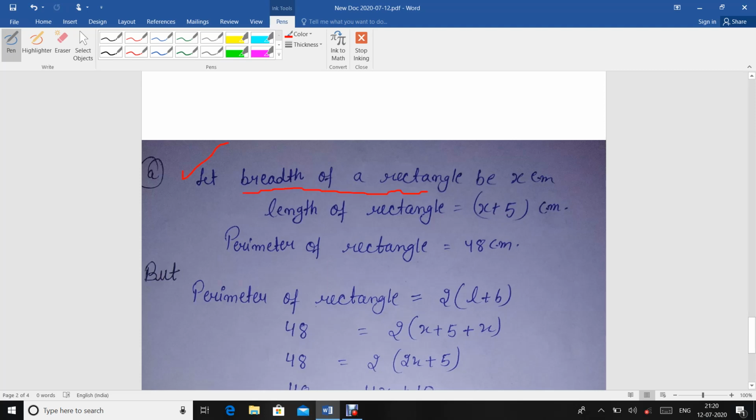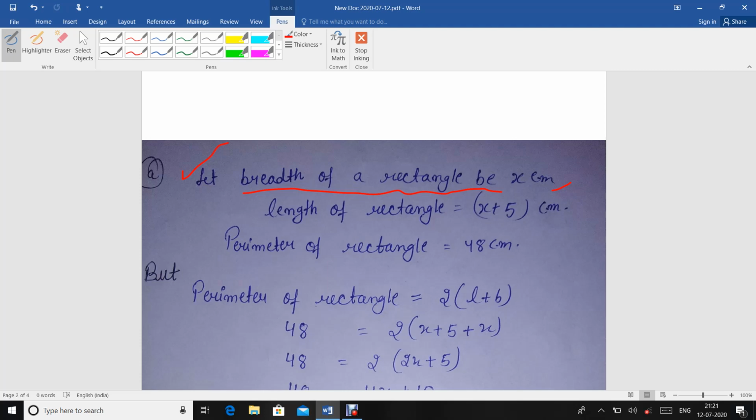So the breadth of rectangle be x centimeter, which is here 5 centimeter more than the breadth. Means for any equation if you are given that this is greater than anything, so you need to assume the term which is comparing.